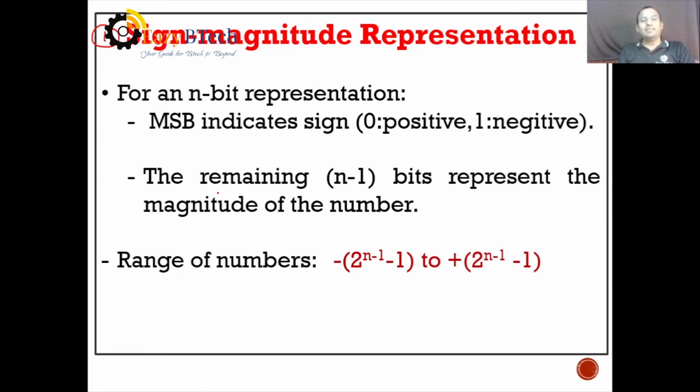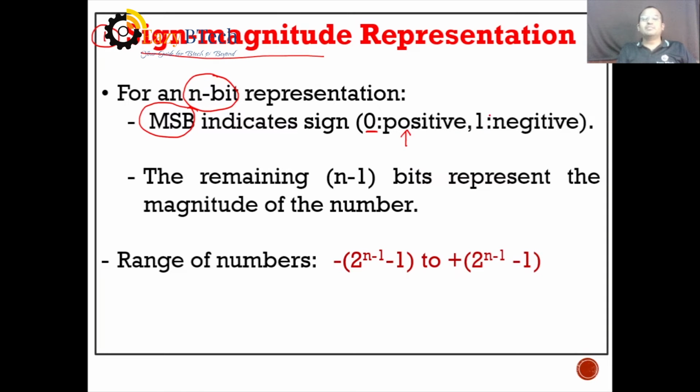In the signed magnitude representation, one bit is reserved out of the n bits to represent the sign of the number. The MSB is reserved to indicate the sign of the number. If the MSB bit is 0, it indicates that the number is positive.